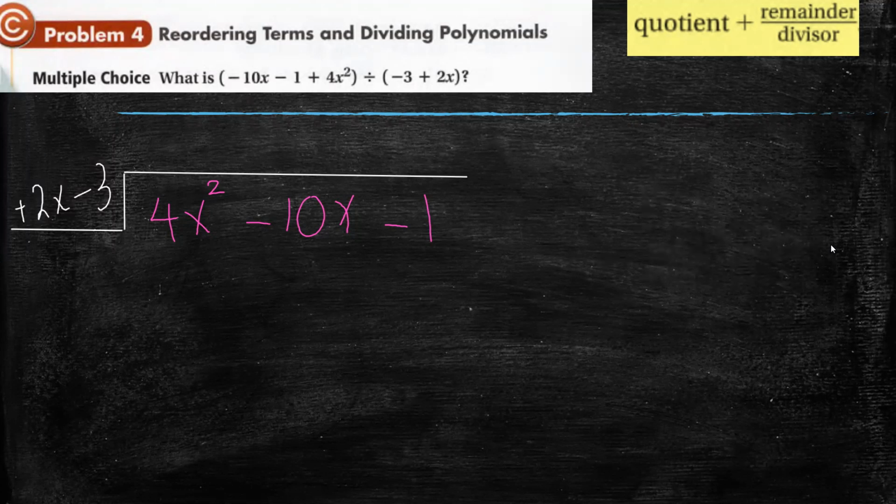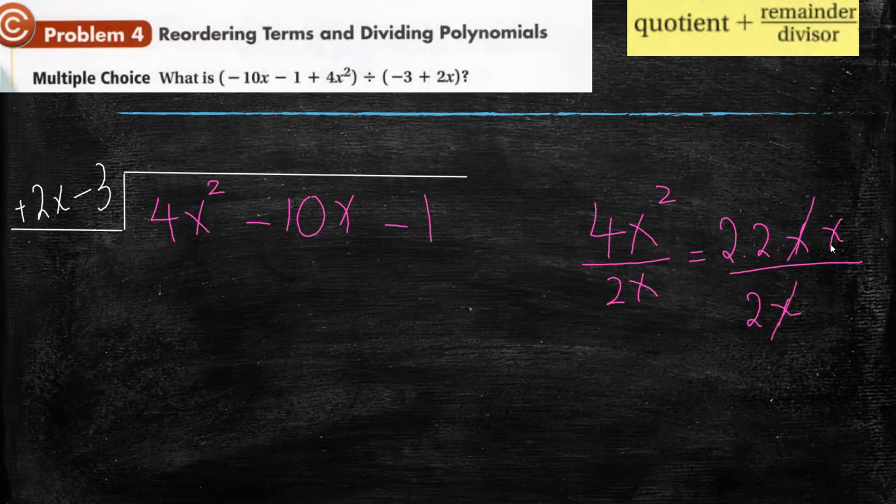4x squared over 2x, which is 2 times 2 times x over 2x. x cancels x, 2 cancels 2, so we have 2x.